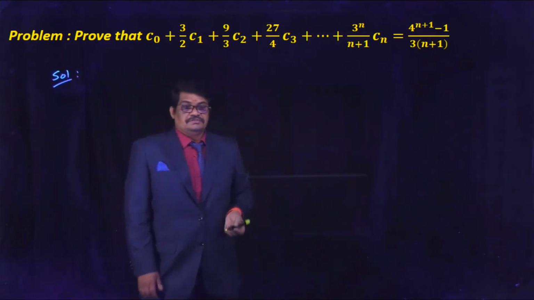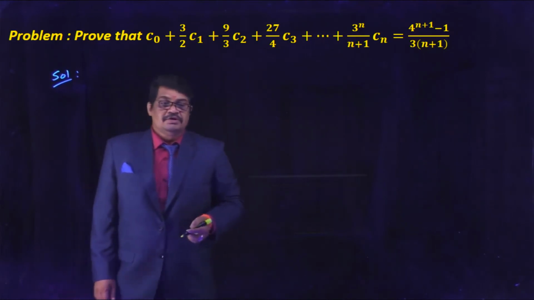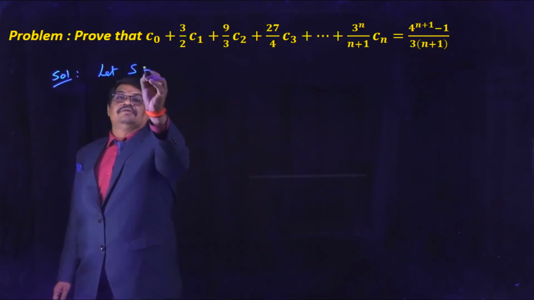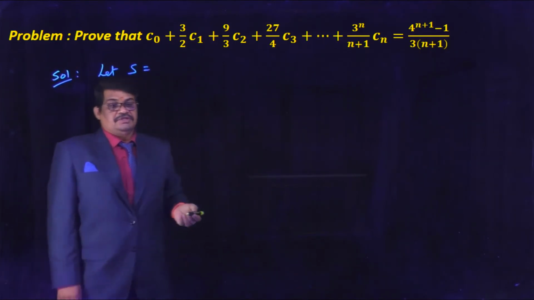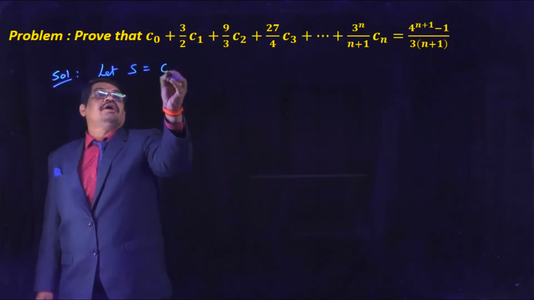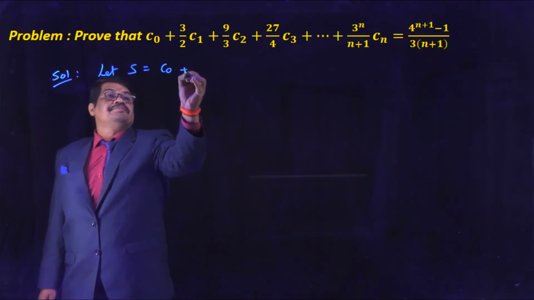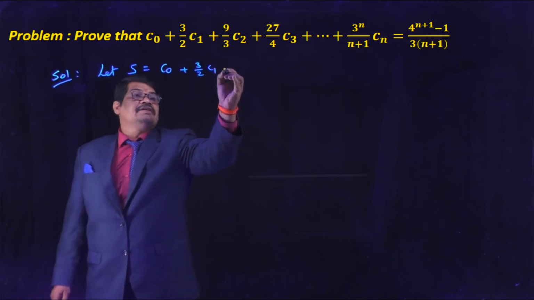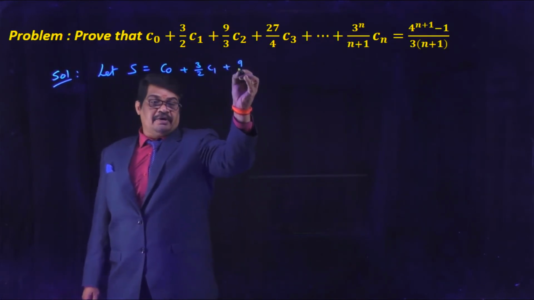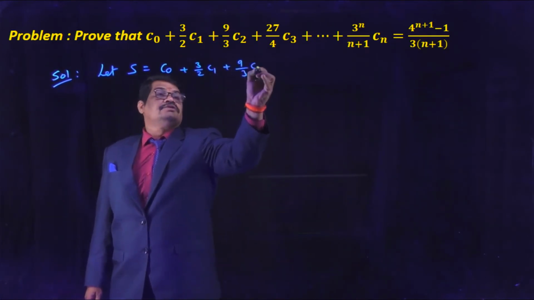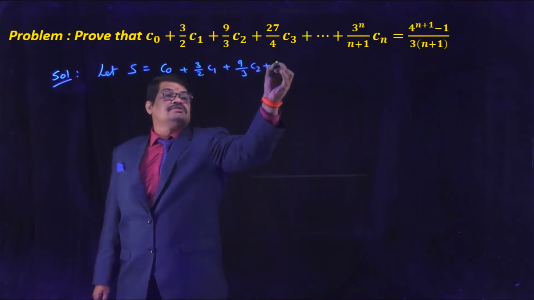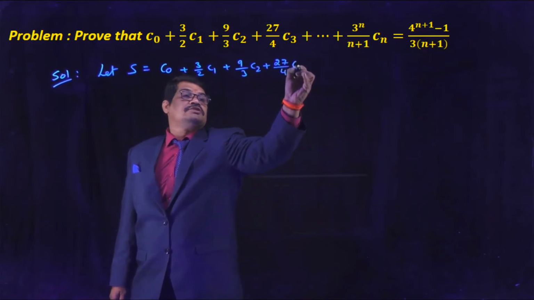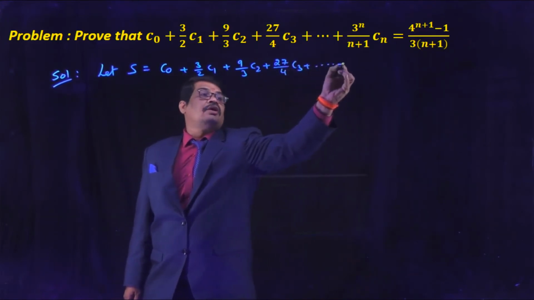So we take the LHS as S. Let S be equal to C naught plus 3 by 2 C1 plus 9 by 3 C2 plus 27 by 4 C3 and so on.